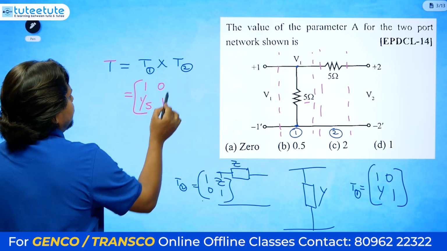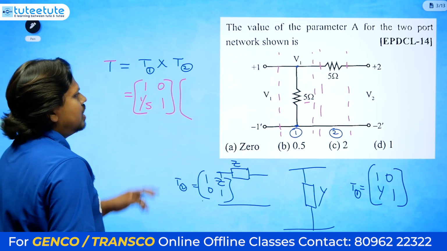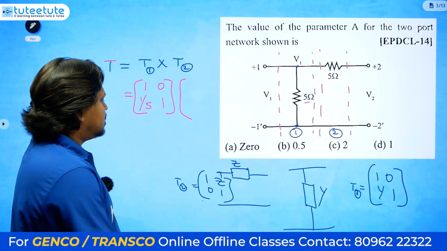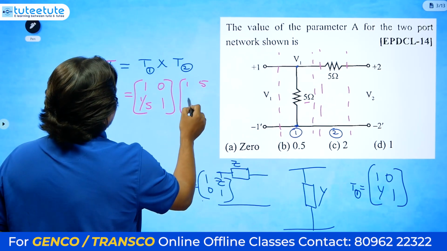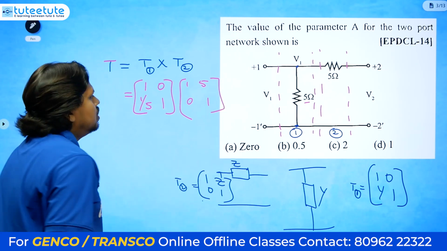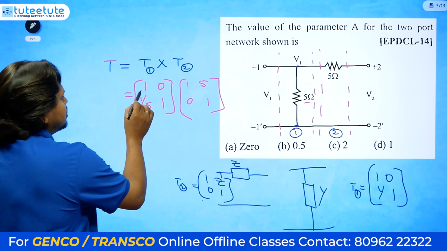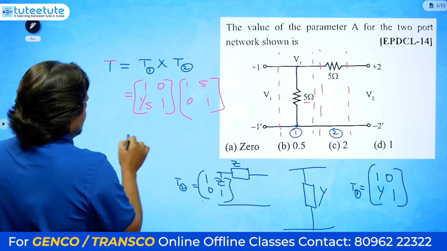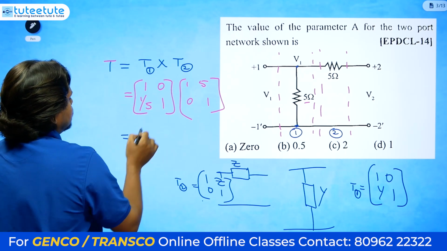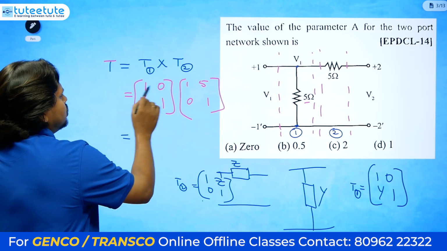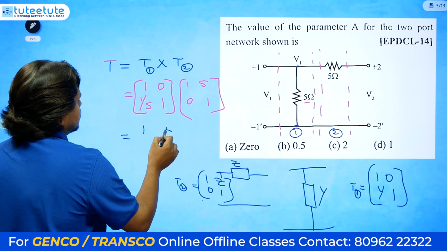So this is for the first network, and for the second one, 5 ohms is connected in series like this, so 1 5, 0 1. Now we need to do matrix multiplication, one row and one column. 1 into 1 is 1 and 0 into 0 is 0, total is 1. Then 1 into 5 is 5, that's it.